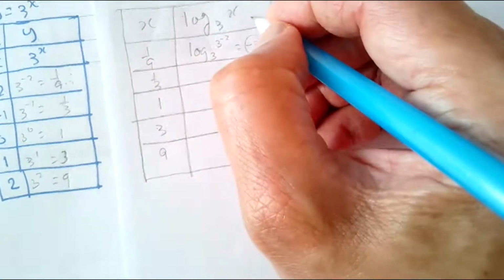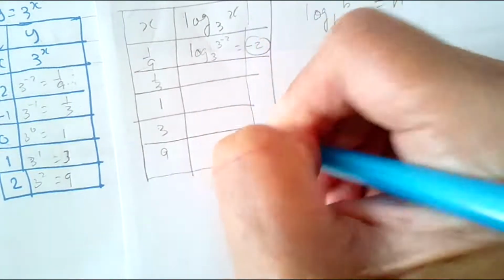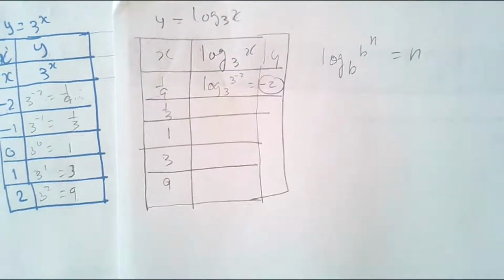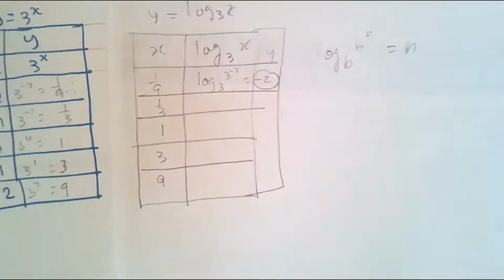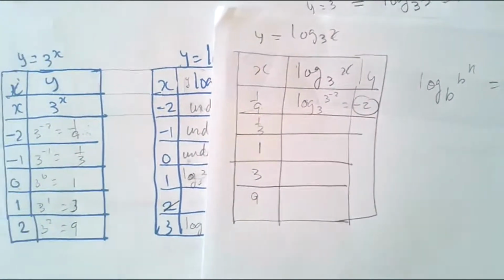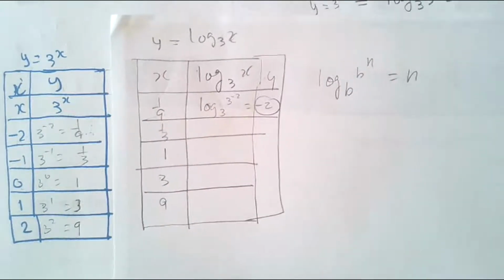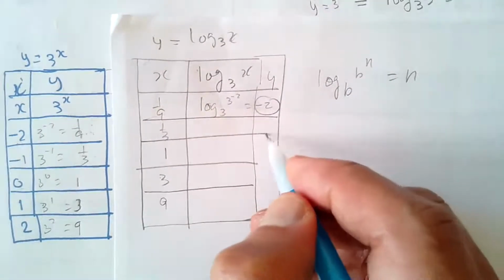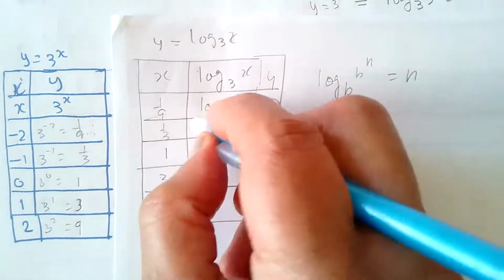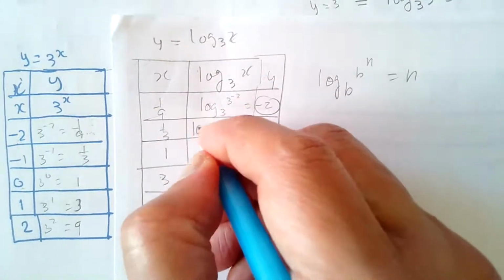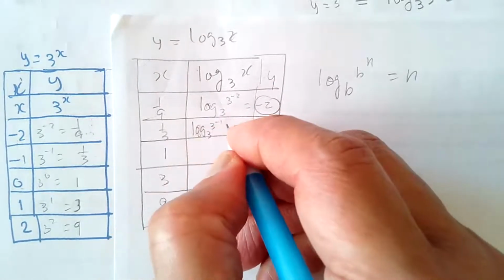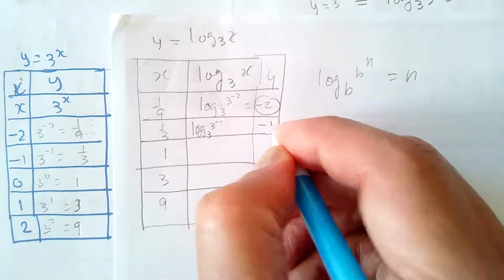So my y value now. Now go ahead here and log base 3 of 3 to the -1. This is my x. And this will give me -1.